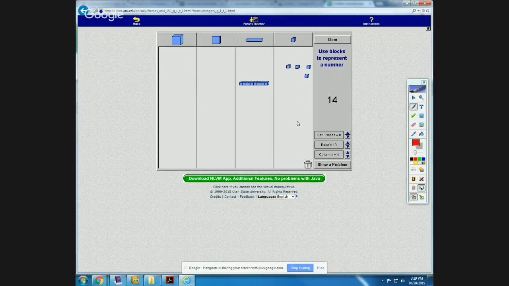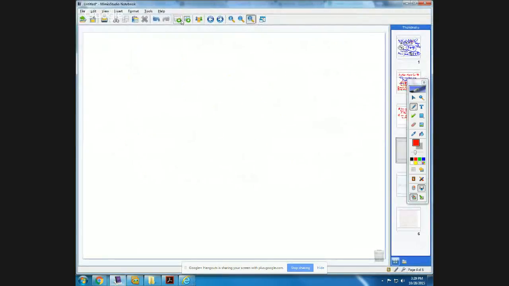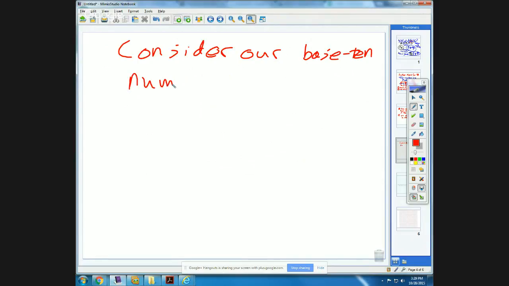But picture-wise, let's all draw this together. So we're now considering our base 10 number system. I want to show what 6 plus 8 is. And this time, instead of drawing dolls, I'm just going to draw squares to the best of my artistic ability.